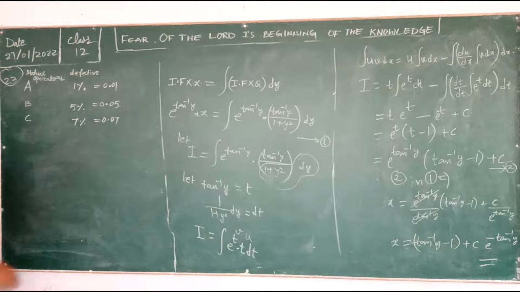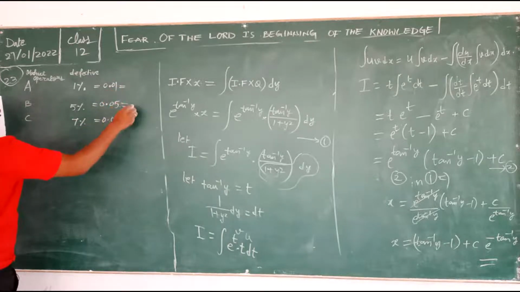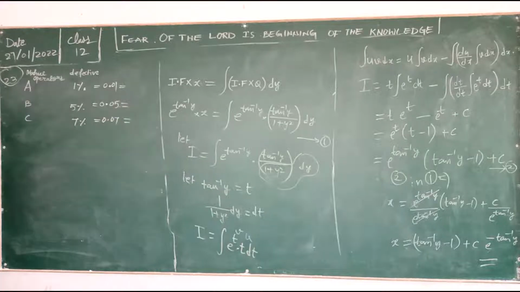Simply we can say that these are the defective ones. So let me write the defective ones here, and the production also I'll write for A, B, C.